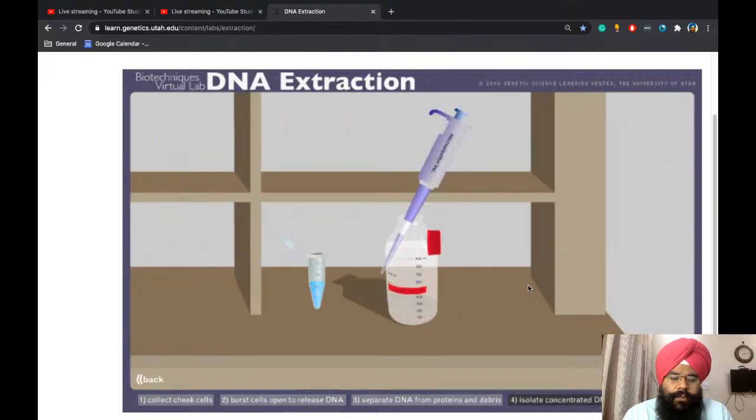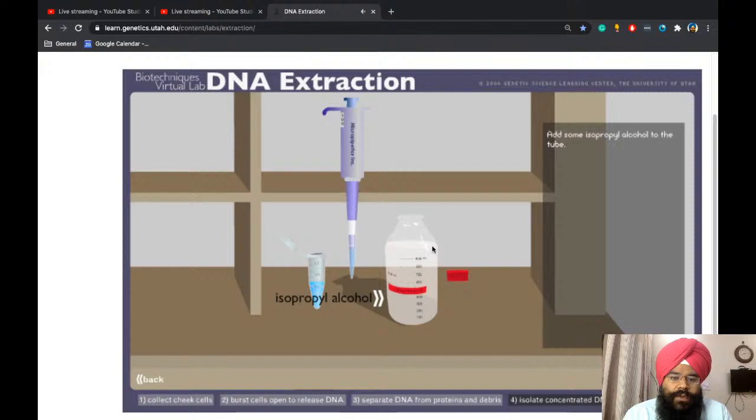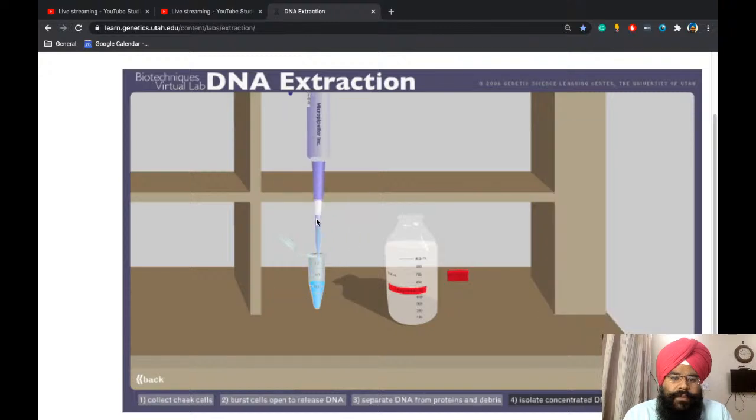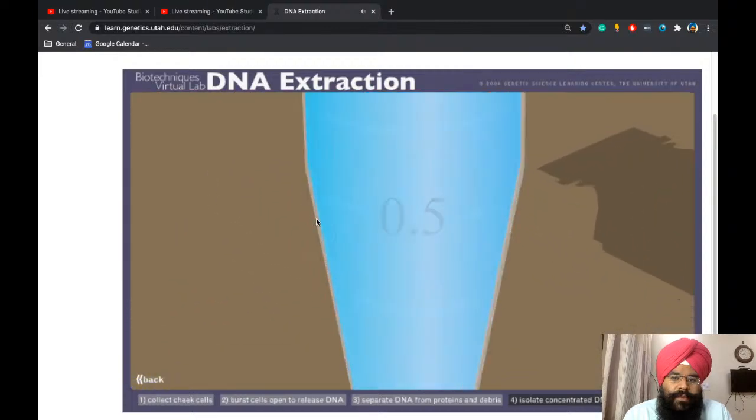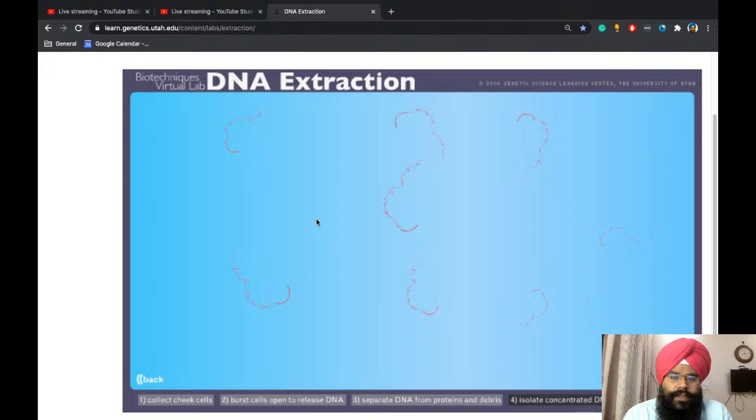So now it's time to isolate concentrated DNA with isopropyl alcohol. Add some isopropyl alcohol to the tube. What will this isopropyl alcohol do?